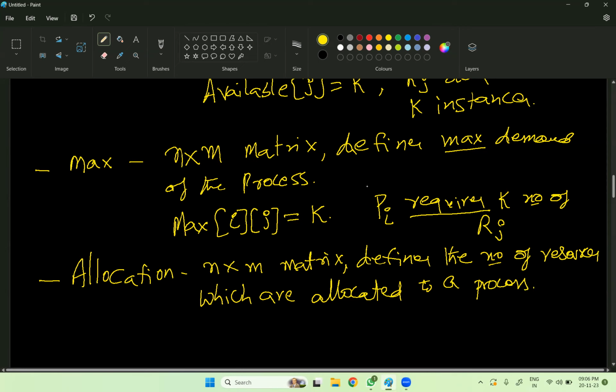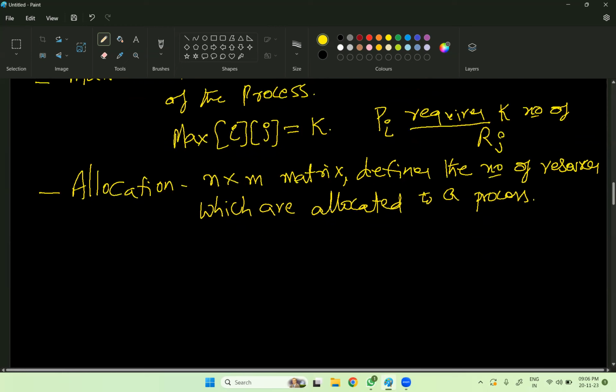Within this particular statement, let me give an example: allocation of i comma j will be equal to k. What do you mean by this?